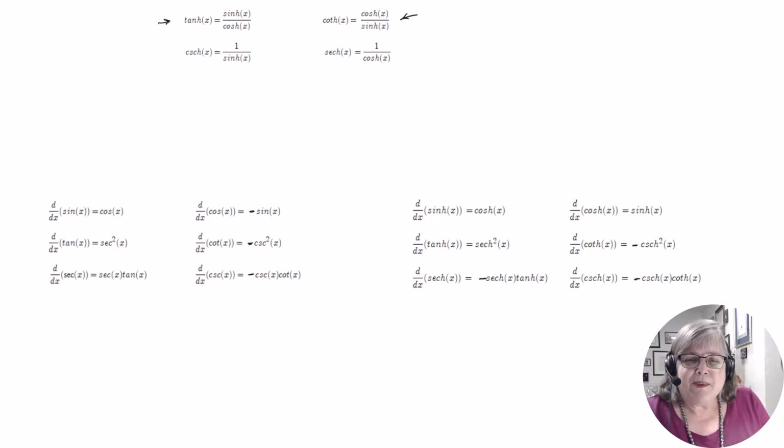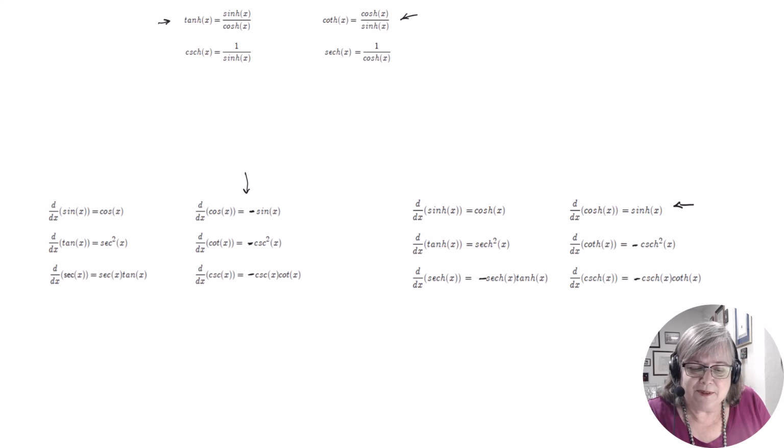All right. Now, when you learned the derivatives of the trig functions, I told you that everything that started with a C had a negative in front of it, right? But if you'll notice here, the derivative of hyperbolic cosine does not have a negative in front of it. But you can see some patterns, right? The derivative of cosine is negative sine x, but the derivative of hyperbolic cosine is positive hyperbolic sine.